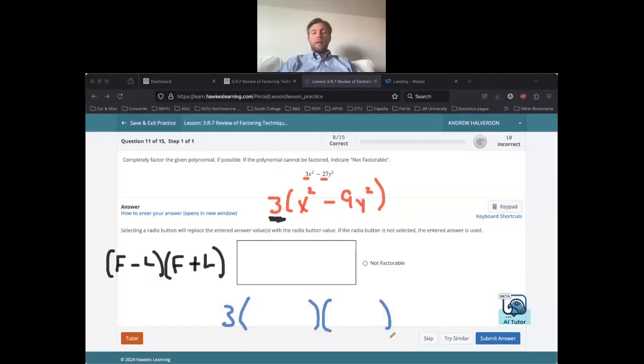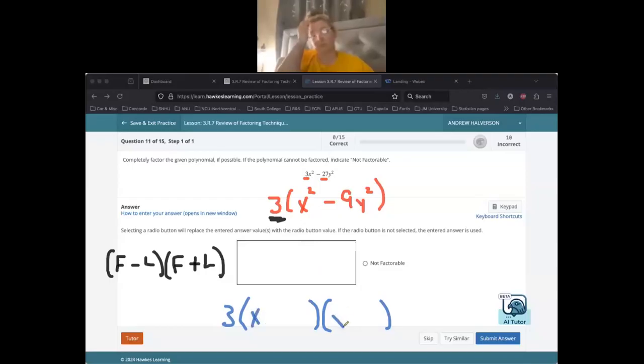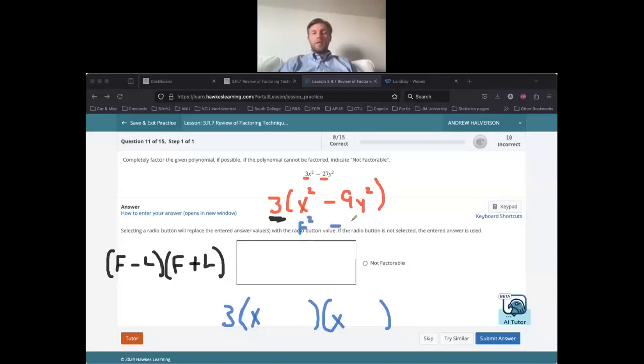What are we going to put as F? What is the F part? X. Just a plain old X, right? Because remember, we write this as F squared minus L squared. So what's the L part? 3. Close.